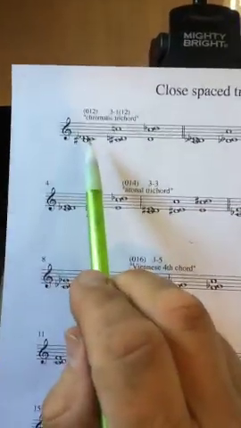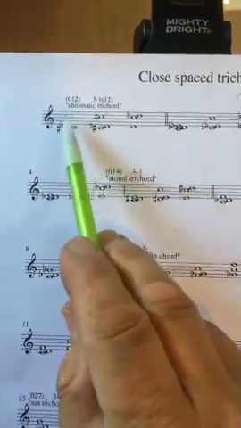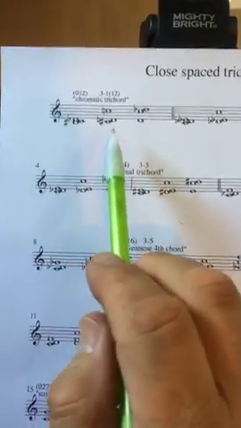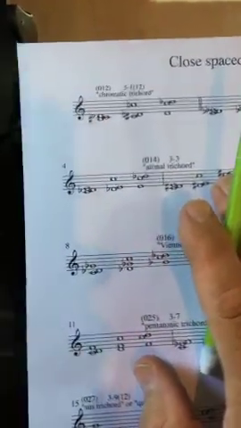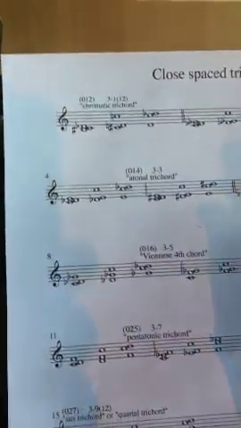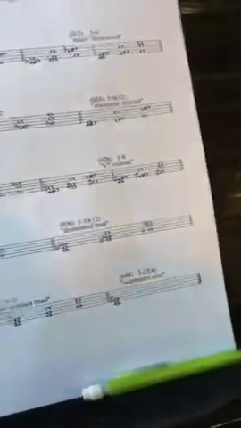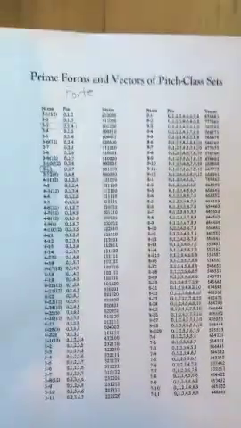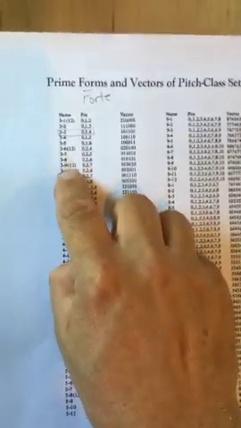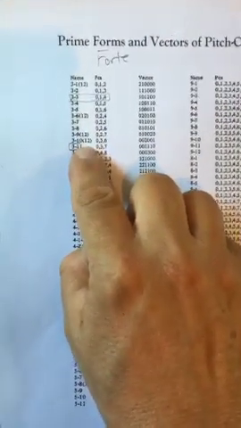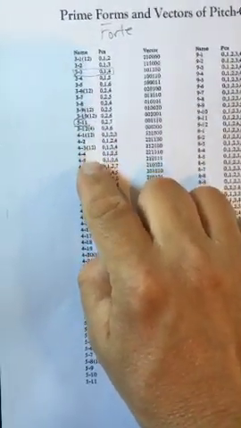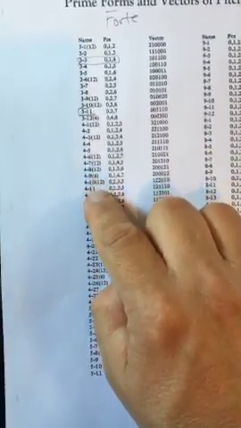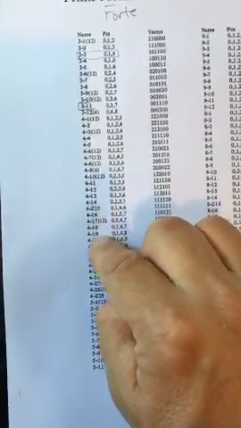Now, why is there not an inverted version of the 0, 1, 2? Well, that's an interesting question. That gets us to why there is this 12. Let's go to our pitch class set, our Forte chart, if we want to call it that. You'll notice that some of these set classes have these numbers in parentheses. They're all factors of 12 or factors of 24.